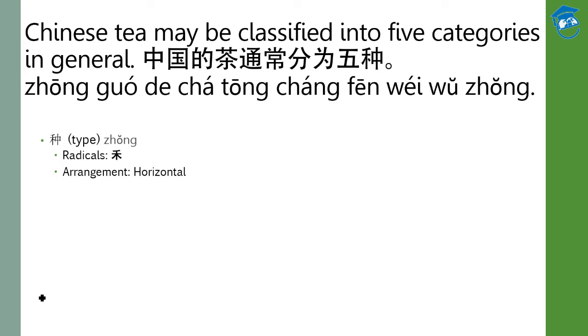Okay, 分, you have learned this as in minute, but it can be used as in splitting. So 分为 is to say it's being classified or being splitted into 5 categories. Okay, 为, you have learned this as in 因为.